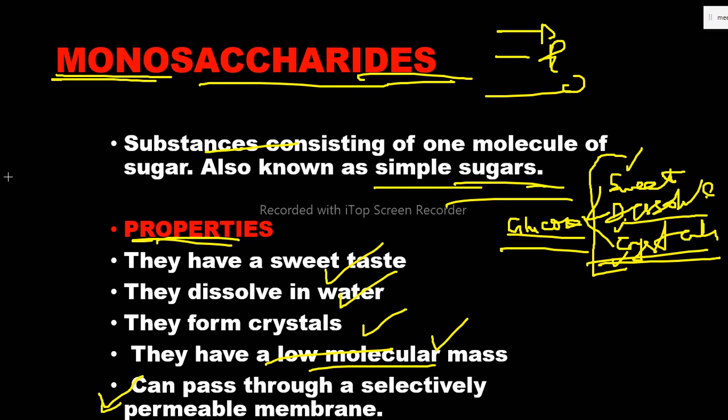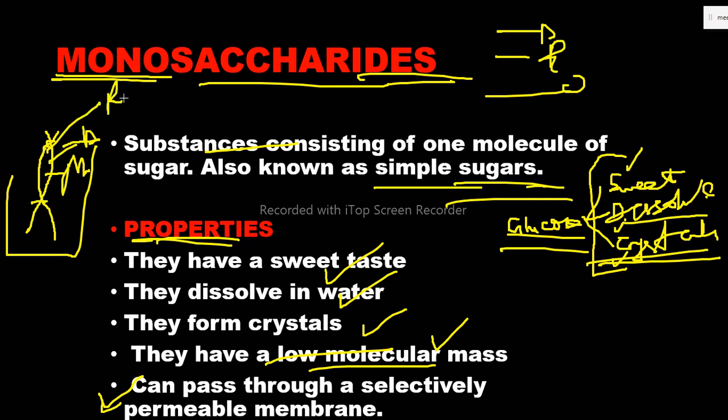You know a visking tube. If you get your visking tube, and you tie this end, and tie also here, and inside you put monosaccharides, you put disaccharides, and then you put a polysaccharide, and then you dip the visking tube in water, for instance.